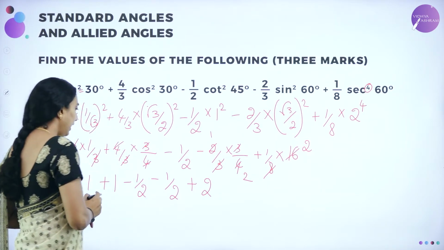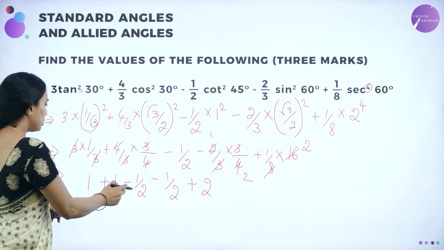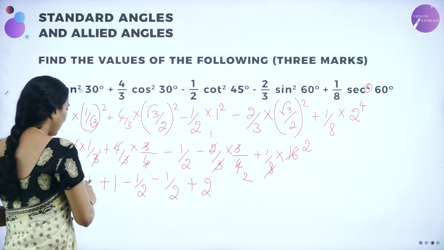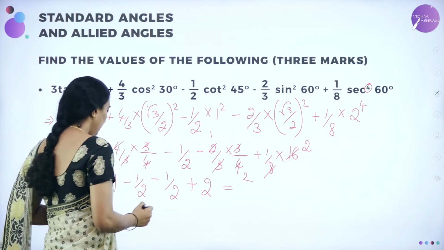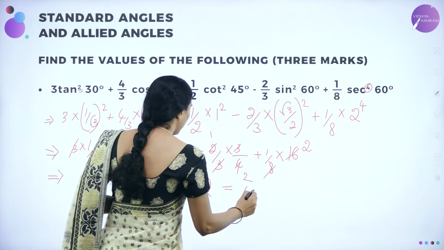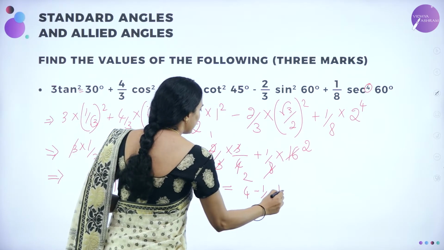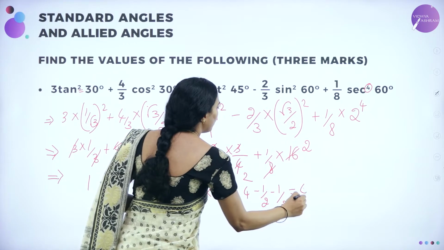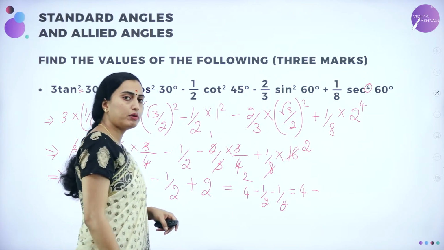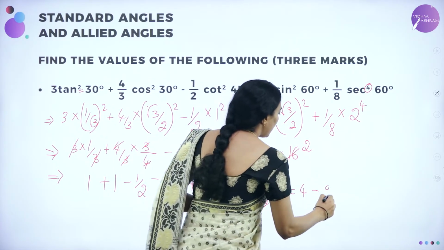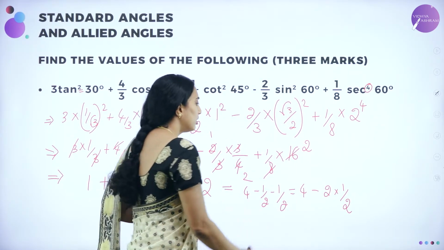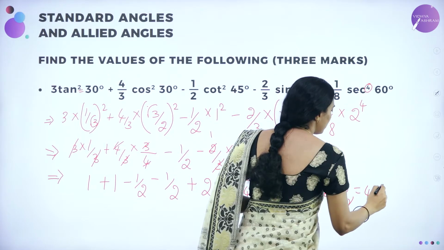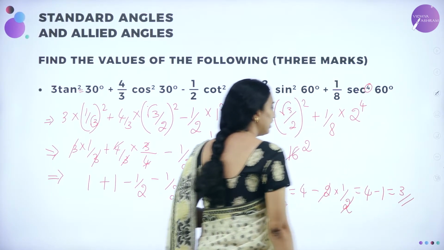So the LCM will be 2 only. 1 plus 1 is 2, 2 plus 2 is 4. Therefore 4 minus 1 by 2 minus 1 by 2, which is minus 2 times 1 by 2. The 2 will go, so 4 minus 1 is equal to 3.